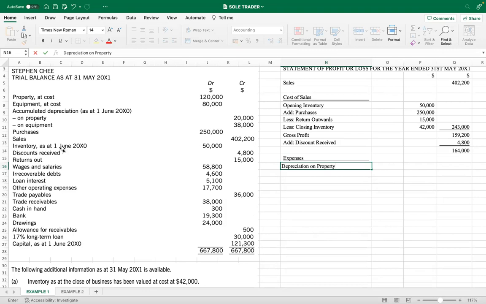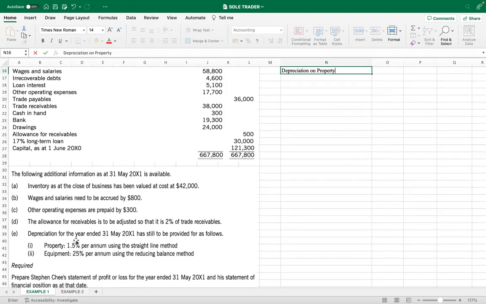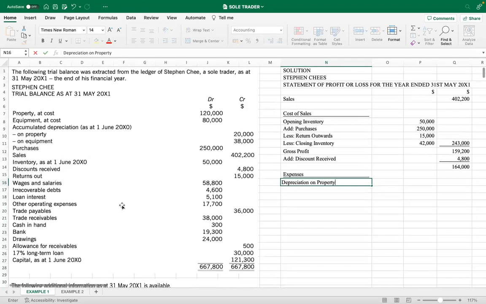Depreciation on property, in this case, we are being told in additional information E: depreciation for the year ended 1st May has still to be provided as follows. Property 1.5% per annum using straight line. Property's cost is 120,000.